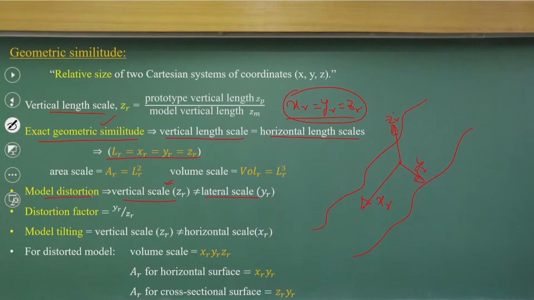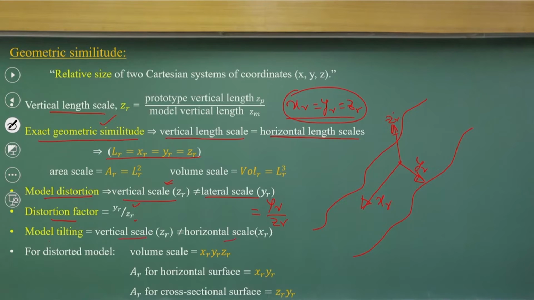Model distortion happens when the vertical scale is not equal to the horizontal scale. The distortion factor is the length ratio in the YR direction divided by ZR, the ratio in the vertical direction. So the vertical scale is not equal to the horizontal scale.